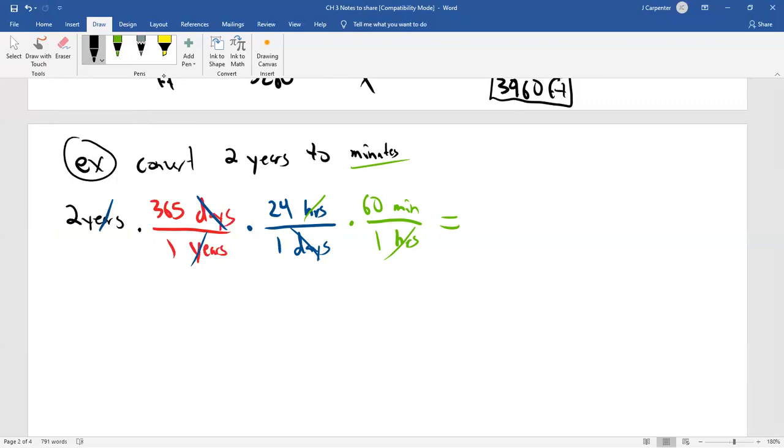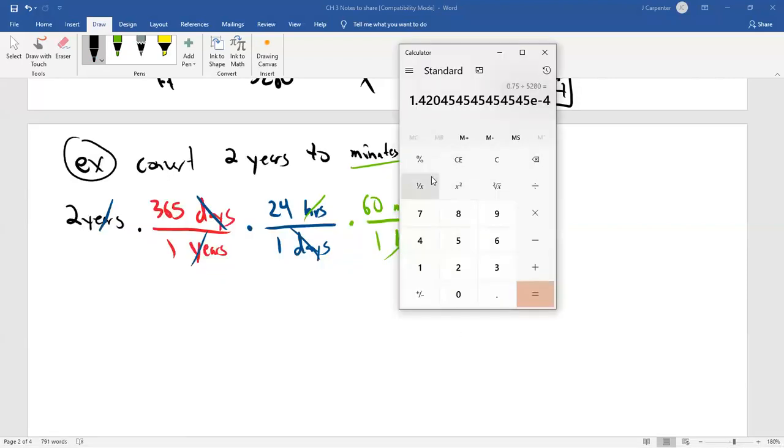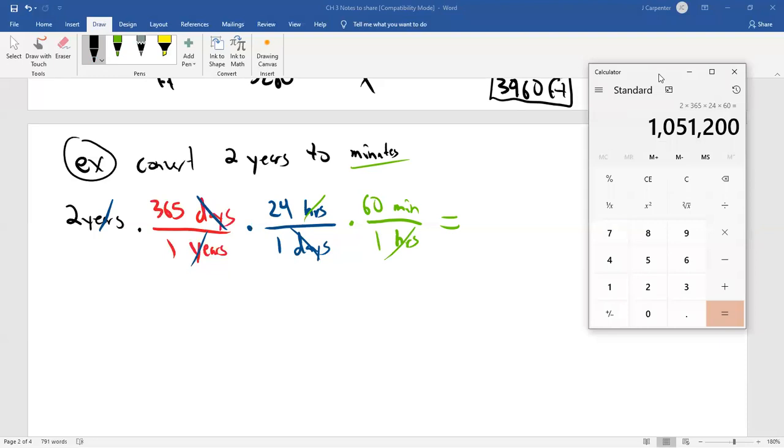So we're just going to take the 2 times the 365 times the 24 times the 60. 1,051,200.